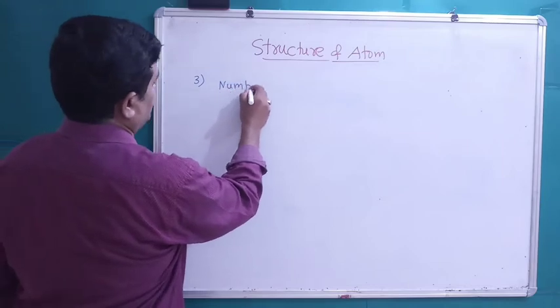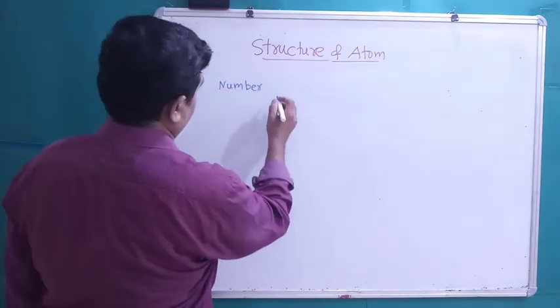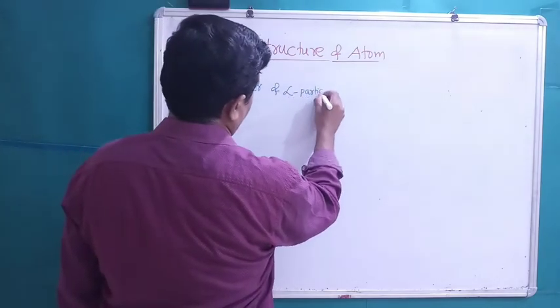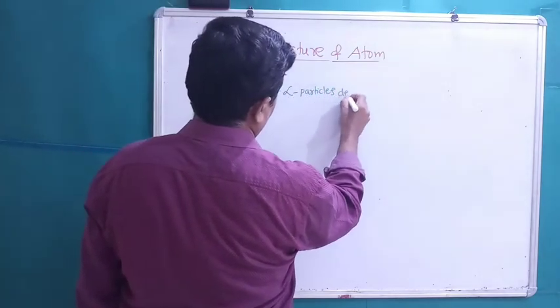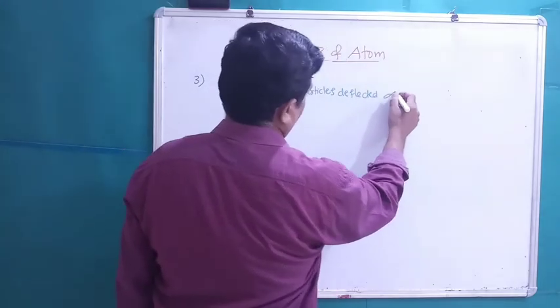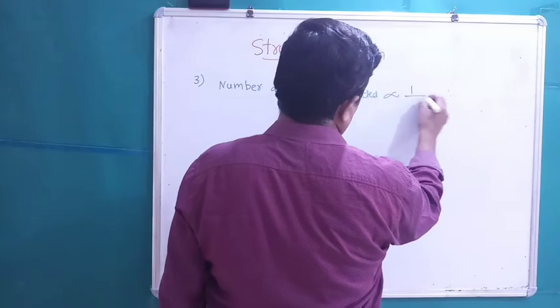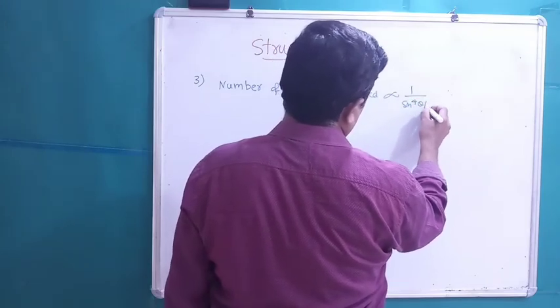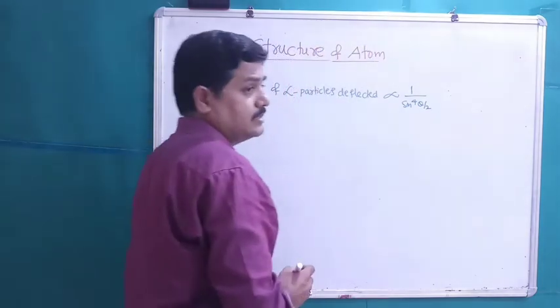Number of alpha particles deflected is directly proportional to 1 by sine power 4 theta by 2, right?